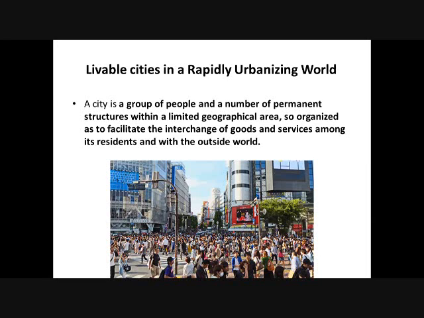There is a specific area where it is located, and every city has a genius loci, a place that was significant for the rest of the region. So the facilities, the interchange of goods, the services, this is what attracted people to come to the city.